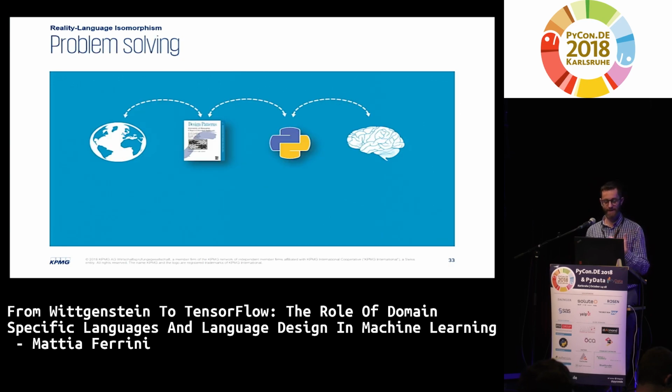I picture the Gang of Four in this little schema, and the question I have is, does this work for machine learning and deep learning?